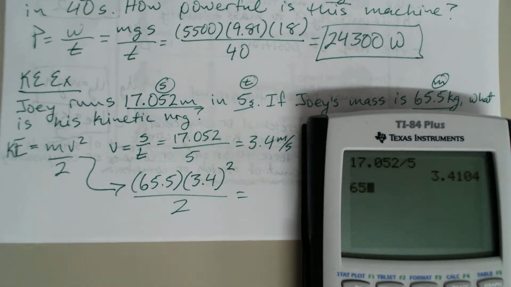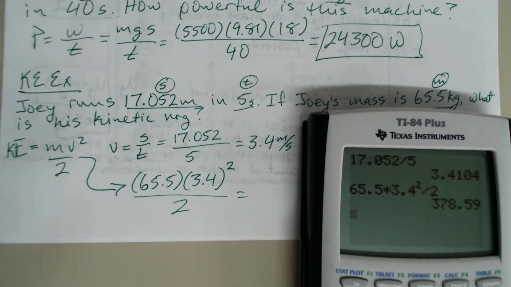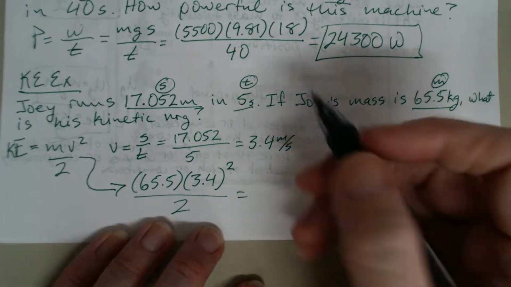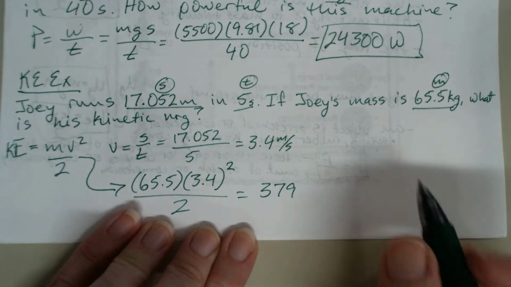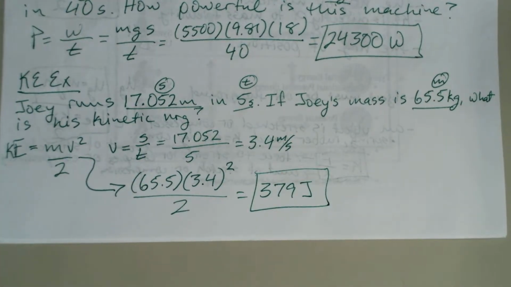So we have 65.5 times 3.4 squared over 2. And you get about 379, and because this is energy, it's measured in joules. So 379 joules of kinetic energy.